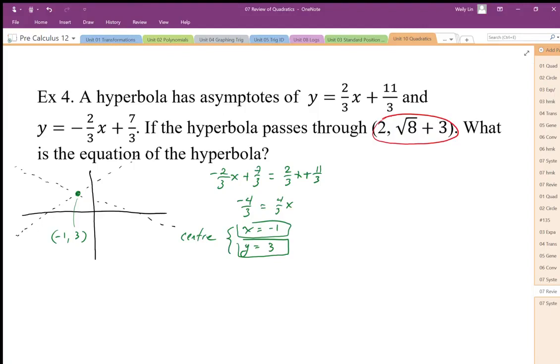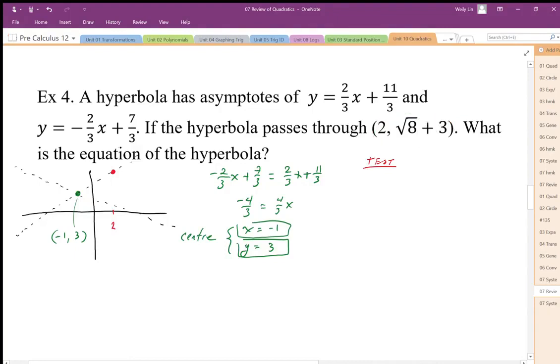So how do we test it? We can check this point by testing it in our asymptote. What we're looking for is whether we are above or below the asymptote at x equals 2. That's really what's important. So I'm going to test x equals 2, find the point on this line, and see if the coordinate is above or below.